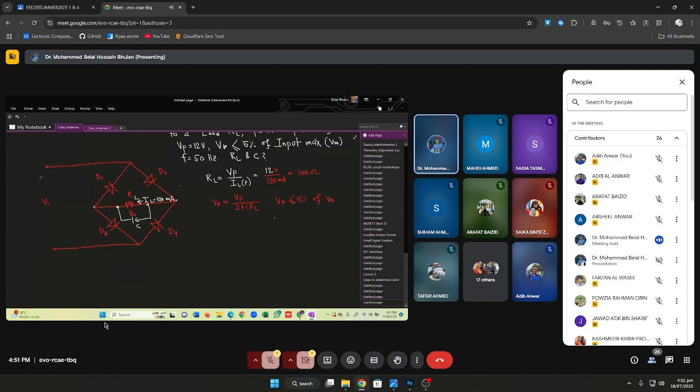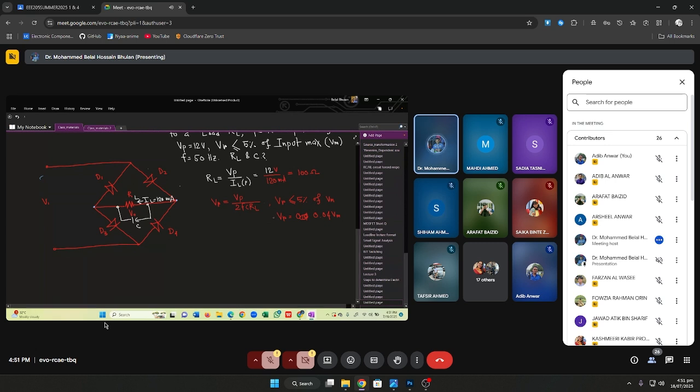Let's say I am free to choose, so my VR is equal to 0.04 times VM. That means I select 4%, not 5%, because I can choose 4% but I cannot select 5%. Okay. Now what is VM?